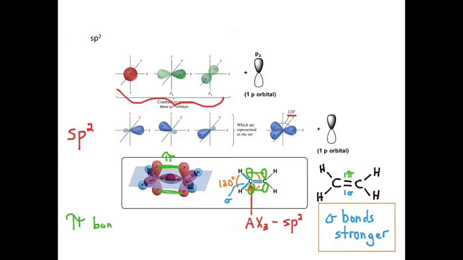That pi bonds are formed from the overlap from two p orbitals.